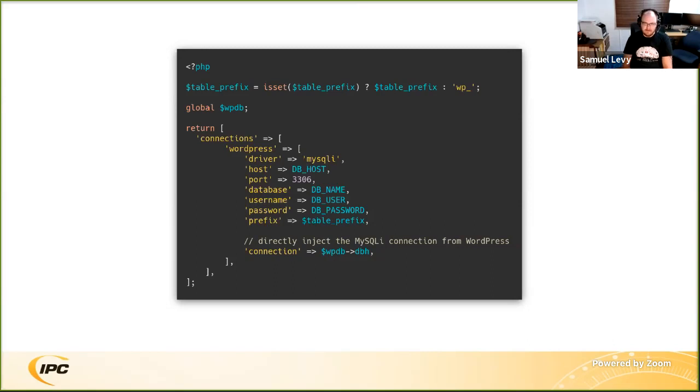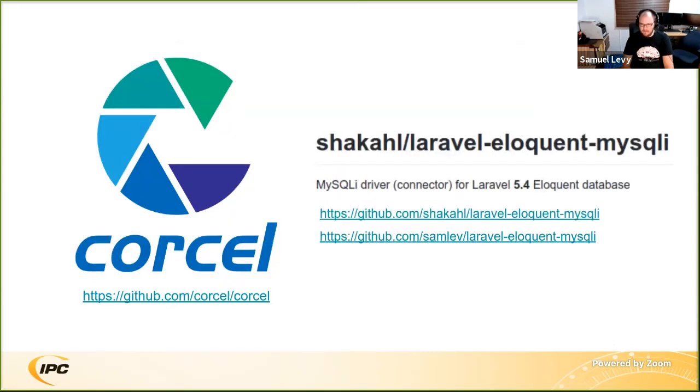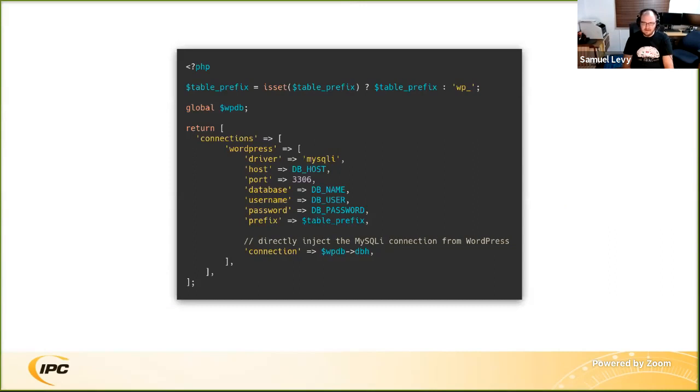So I modified that previous Eloquent library a little bit further so we could just straight up pass it the MySQLi connection that WordPress is already using. So now we have full access to the database using MySQLi without opening a second connection, and we can pull models out fairly easily.